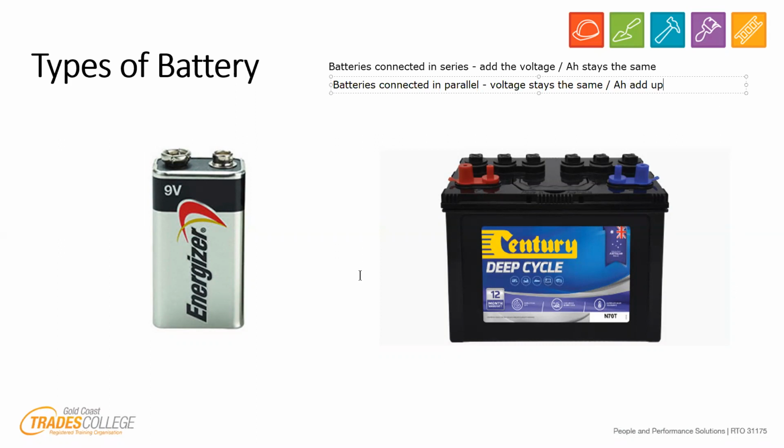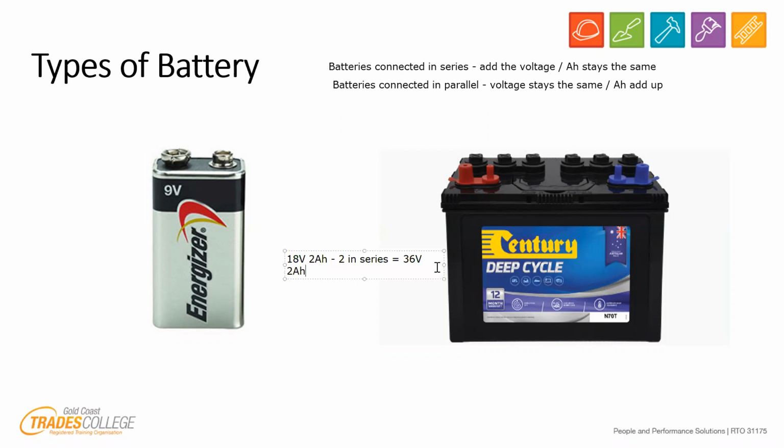So a 18 volt 2 amp hour battery, if I was to put 2 in series, would give me 36 volts, doubling the pressure, so it isn't going to last as long. 36 was still 2 amp hours.